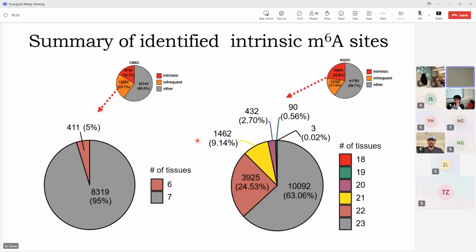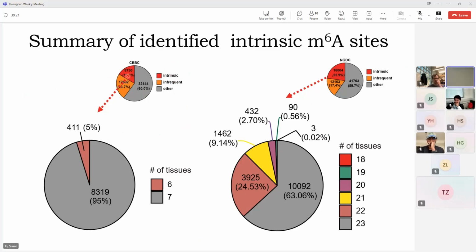We classified the sites that pass the threshold of FDR 0.01 as intrinsic, the sites overlapping less than 15% of the entire sample set as infrequent sites, and those in between we just named other sites. In the NGDC and CBBC datasets, 16.3% and 22.9% of sites were identified as intrinsic sites in the two data sets respectively.